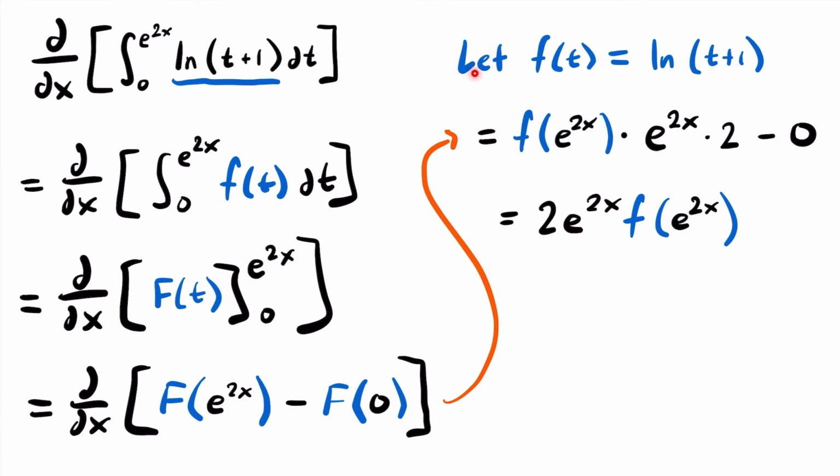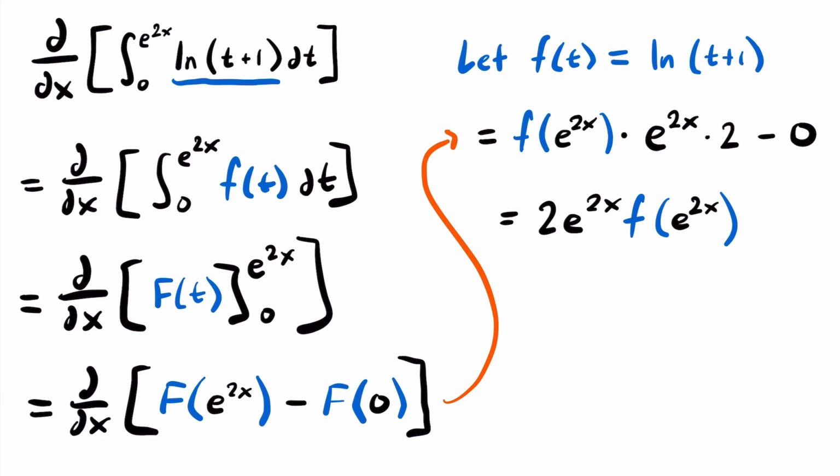Remember that we let small f of t equal the natural log of t plus 1, that function that was inside our original integral? So, to rewrite our final answer here, we should rewrite this part using that function, the natural log of t plus 1. We are plugging e to the power of 2x into small f of t, so we're going to replace that t in this natural log function with e to the power of 2x.